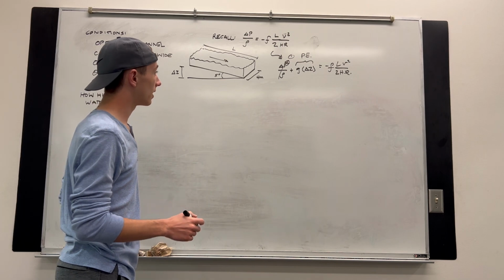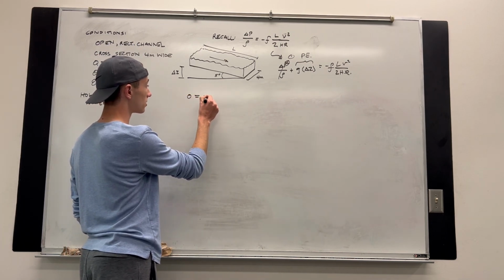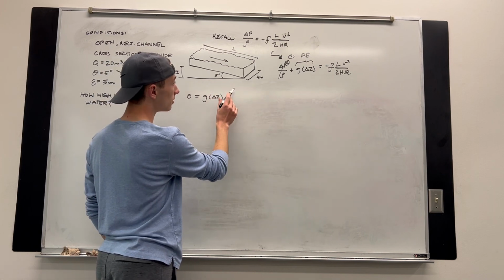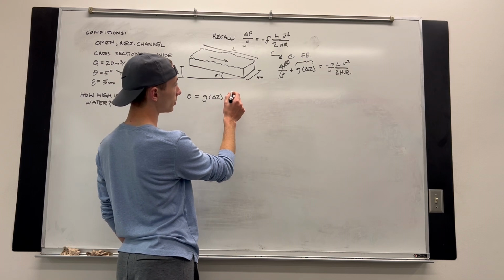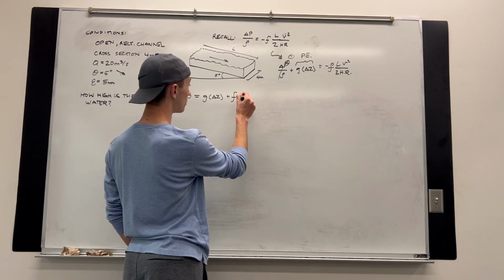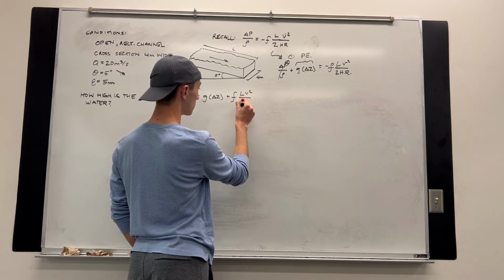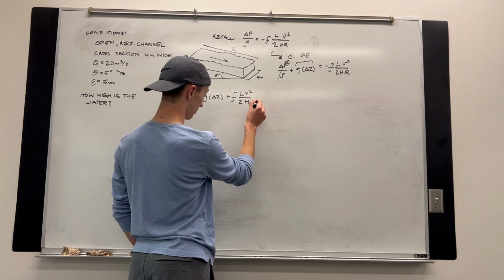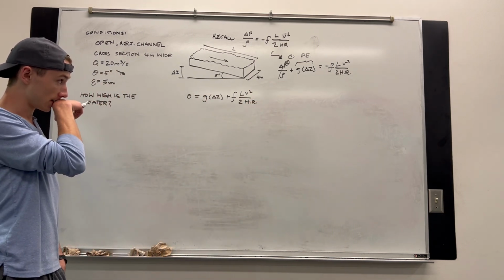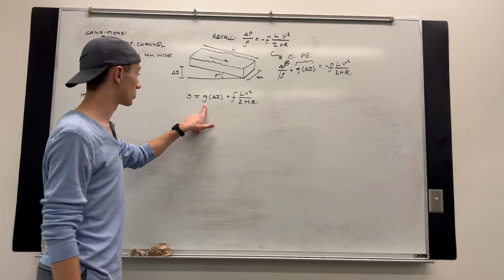So I'm going to rewrite it down here. 0 equals g delta z, plus f L v squared over 2 times the hydraulic radius. So we know g is acceleration due to gravity.